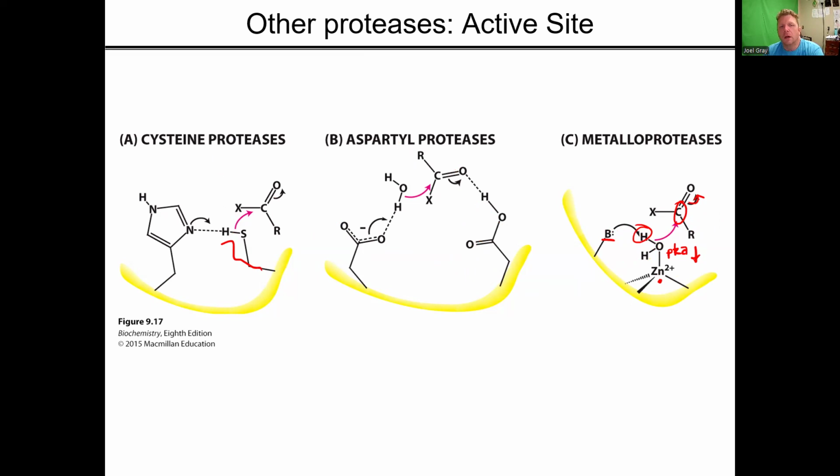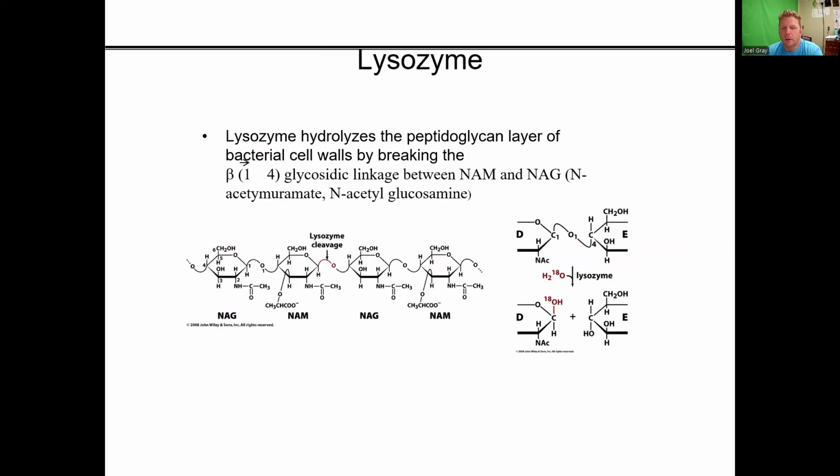Now, the last protease, or not protease, but the last type of covalent catalysis that I wanted to talk about was the mechanism for an enzyme known as lysozyme. Lysozyme hydrolyzes the peptidoglycan layer of bacterial cell walls by breaking the beta-1,4 glycosidic linkage between NAM and NAG.